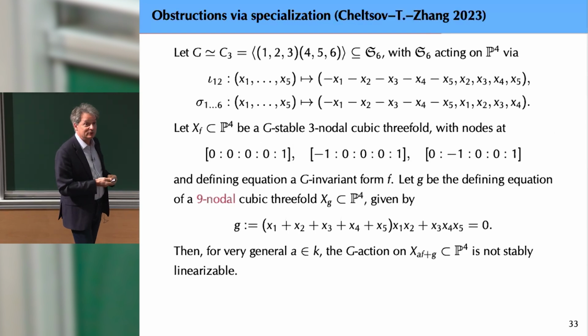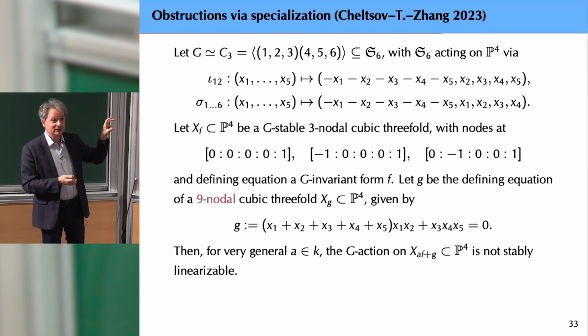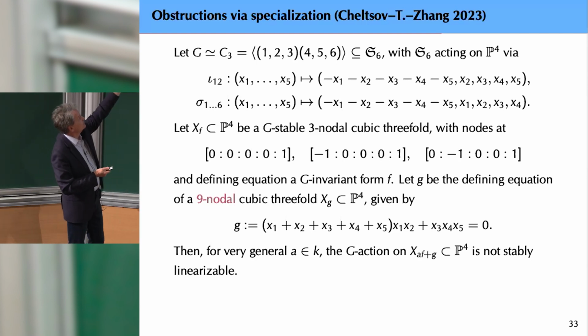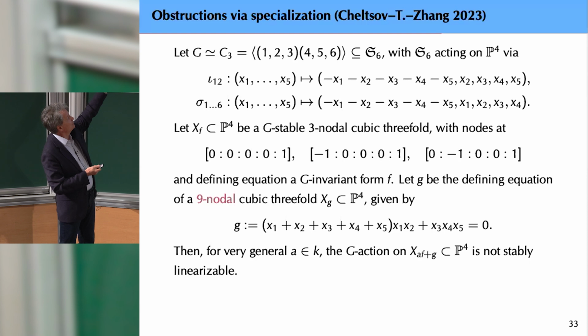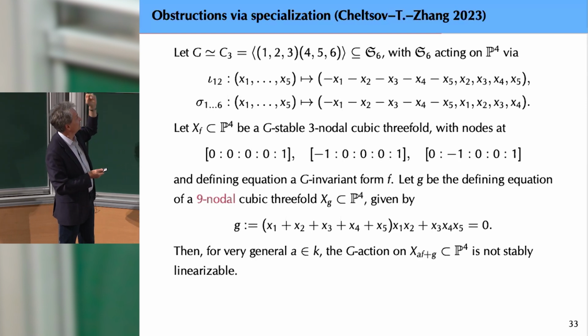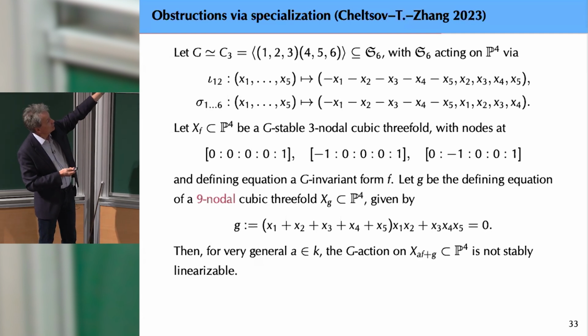Okay, but let's be concrete. So I'm looking at cubic threefolds with singularities. I'm going to pick one with 3 nodes, well, an action of C3, and I give you the action, and I look at some C3-invariant cubic form that happens to be singular at these 3 points. I could have written down the equations, but I'm going to give you a 9-nodal cubic with this equation over there.